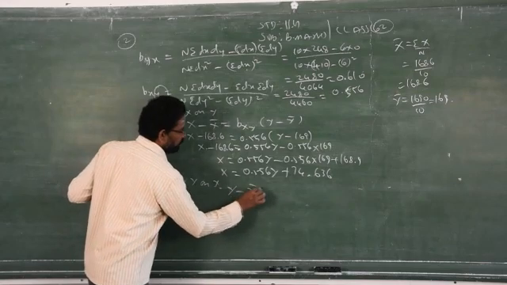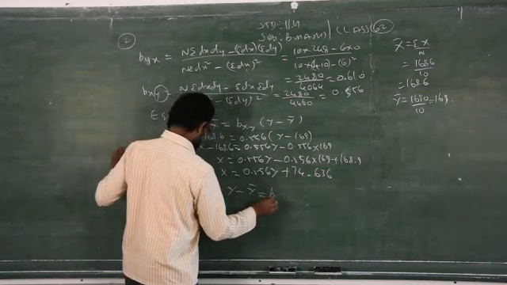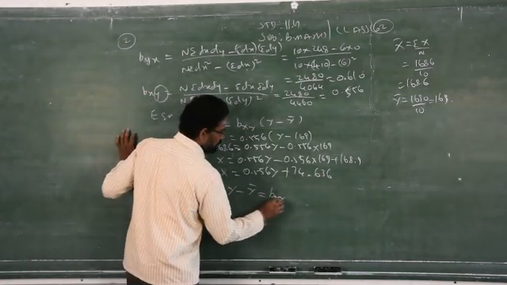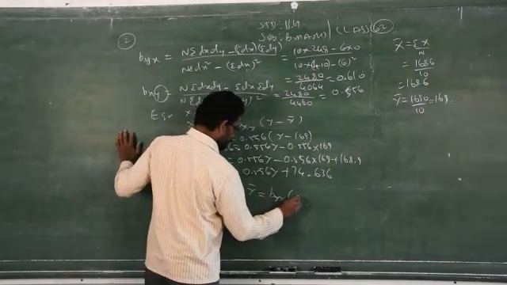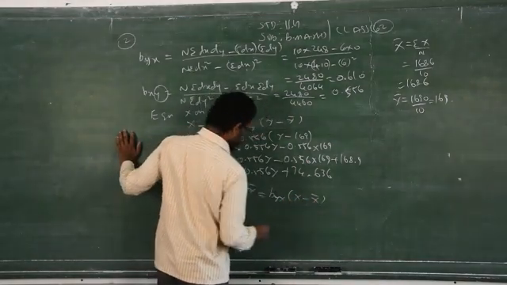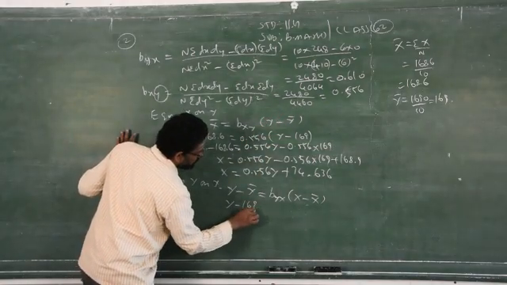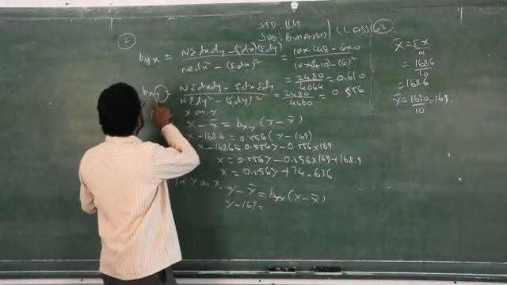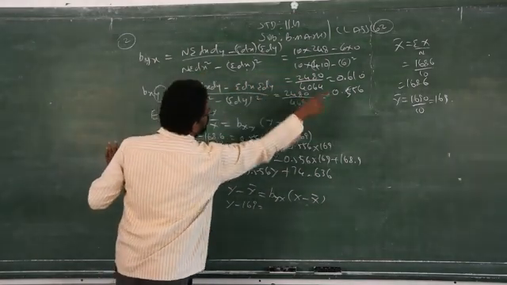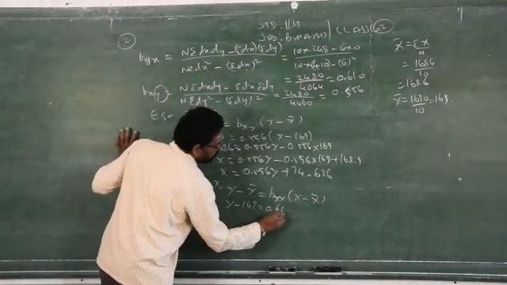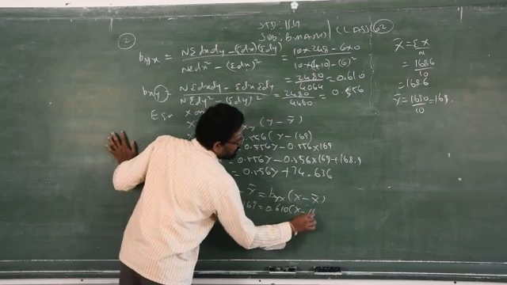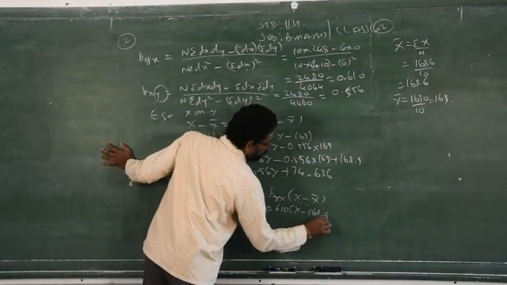y minus y bar is equal to byx bracket x minus x bar. What is our y bar? 169. What is our byx? Byx is 0.610, x minus 168.6.